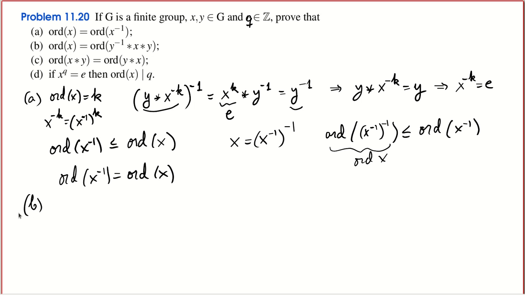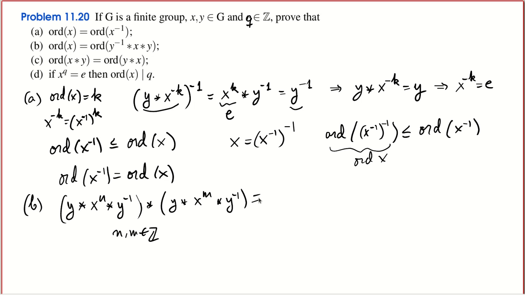Now the second property that we need to prove is this one. And we're going to use this property, which is easy to prove. If we have this composition, and we multiply it by this other one, y times x to the m times y to the minus 1, where n and m are arbitrary integers, then if we apply the associative property, this is equal to this times y to the minus 1 times y times x to the m times y to the minus 1.